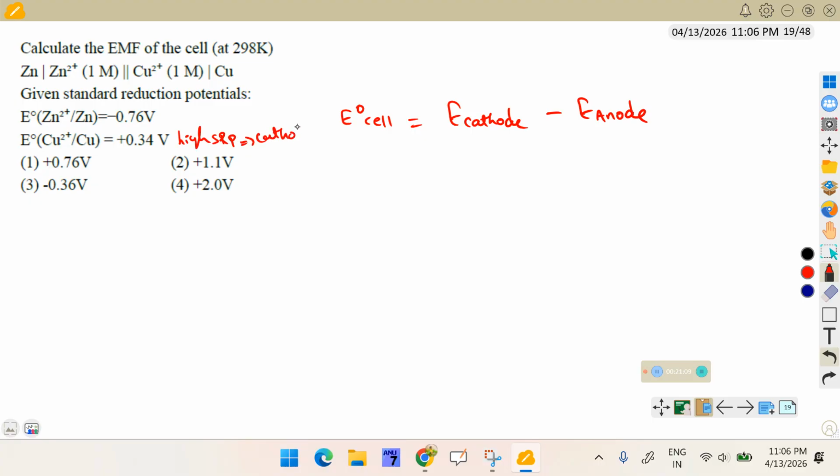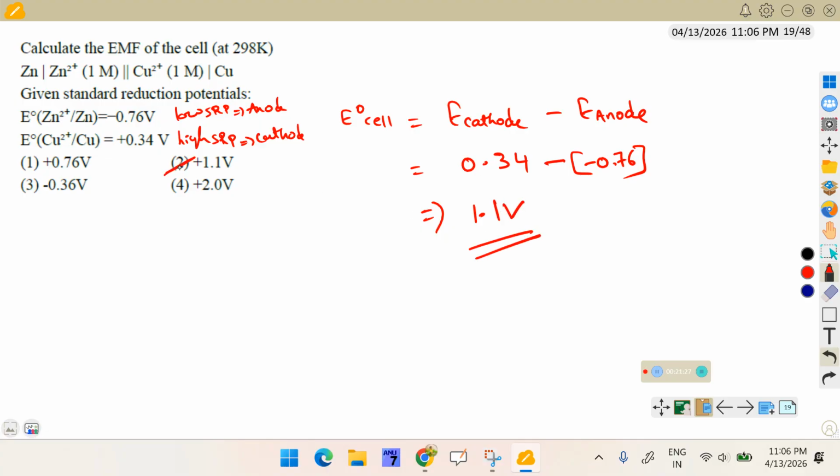Low SRP electrode is taken as anode. Now 0.34 minus 0.76. Minus into minus plus, then you will get 1.1 volts. Second option correct.